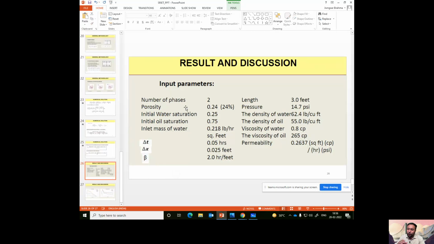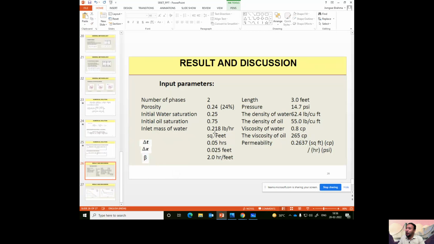For example, we have these values from available publications. We take two phases. The porosity we took as 0.24. Inlet water saturation, I take 0.25. Initial water saturation, initial oil saturation, and inlet mass water, we took these values.